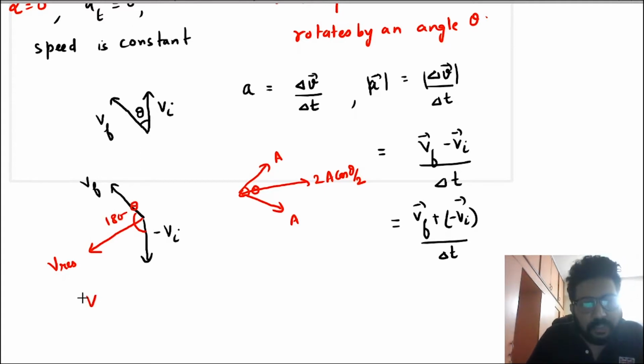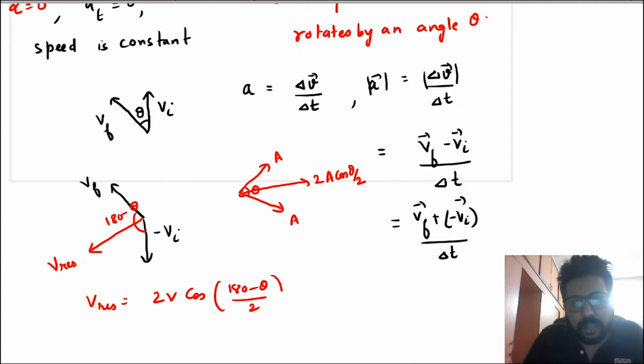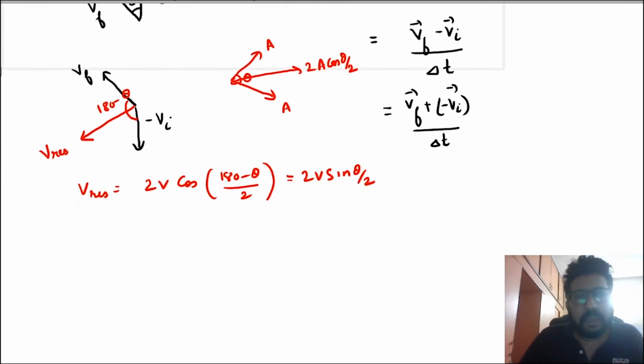So the value of this resultant vector will be 2v cos (180 minus theta) by 2, which is 2v cos (90 minus theta by 2), and that is 2v sin theta by 2. So the magnitude of change in velocity is 2v sin theta by 2.